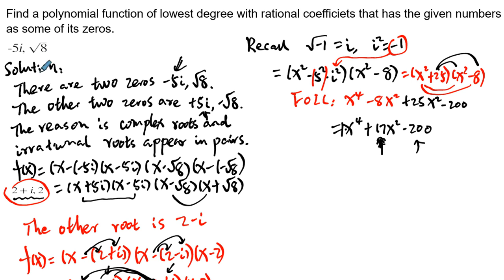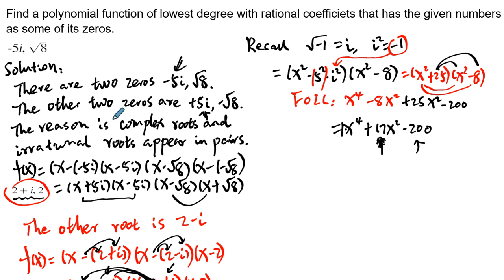We know if one is negative 5i here, then another root must be positive 5i. If we have a positive radical 8 here, then the other root must be negative radical 8.